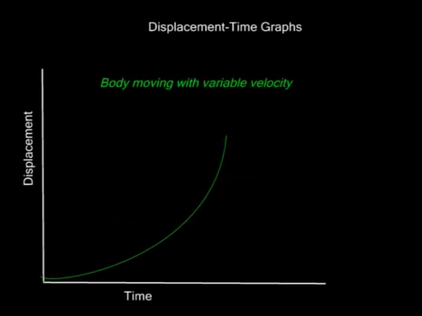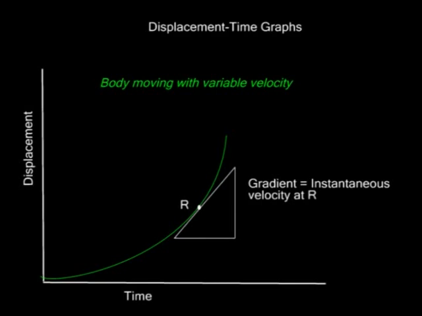Now, for a body moving with variable velocity, the displacement time graph in this case is a curve. The velocity at point R is the same as the gradient of the curve at R. This is the slope of the tangent to the curve at point R. In this graph, the velocity increases uniformly with time.